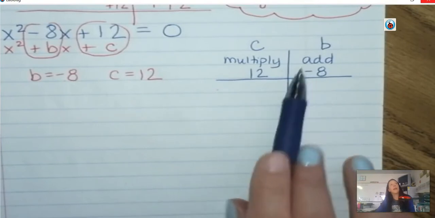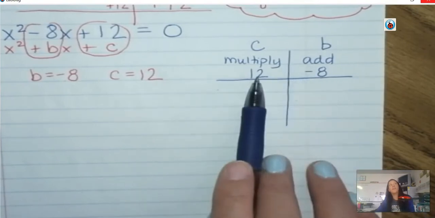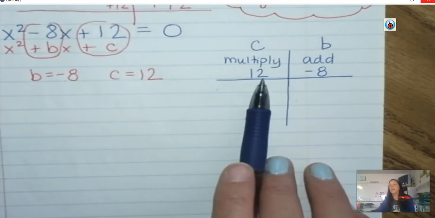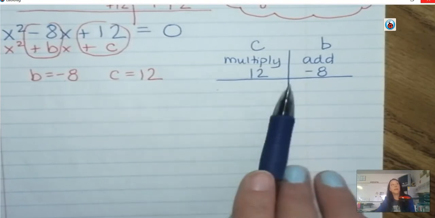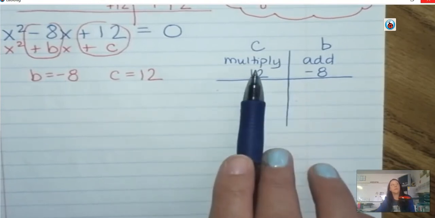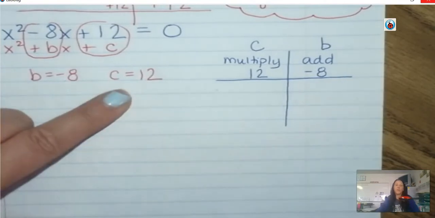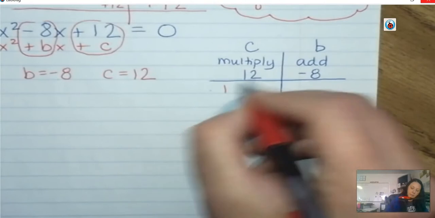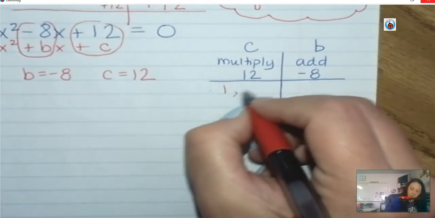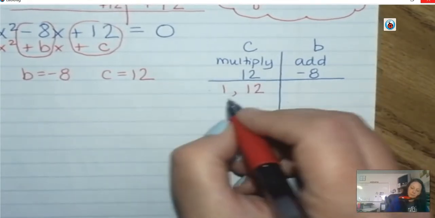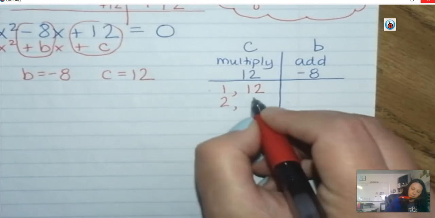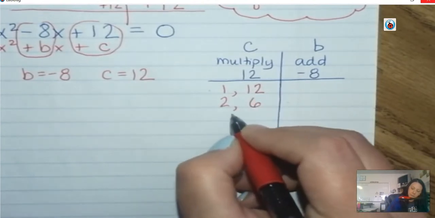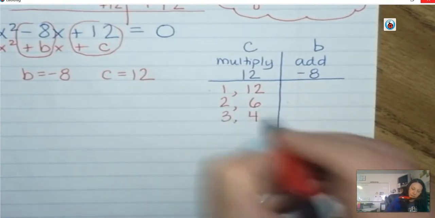If I'm going to add, I'm going to end up with a negative. That means I have to have two negatives here. So it's going to have to be a negative times a negative to get this positive 12. If we think about the factors of 12: 1 times 12, 2 times 6, and 3 times 4.